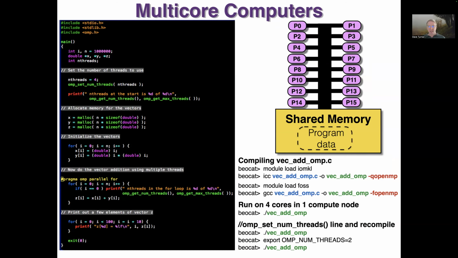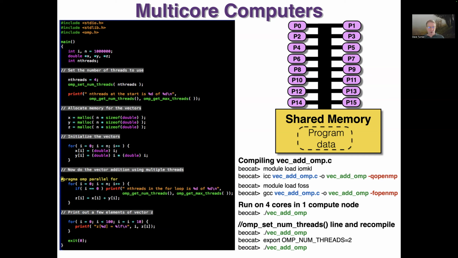So this again is the very simple example of the vector addition. The only point to look at is down where you see the yellow towards the bottom, and it has a pound sign and then pragma omp parallel for. So in this case, it's fairly straightforward to convert our scalar code to a parallel code.